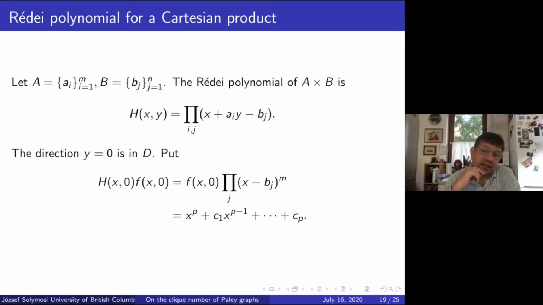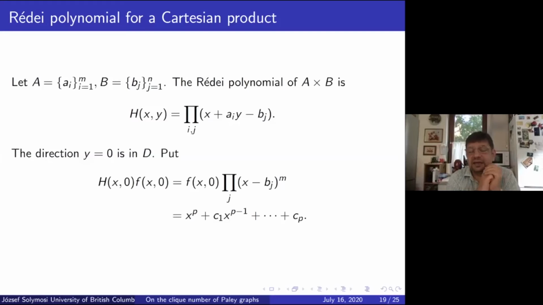But in our application, as often happens in additive combinatorics, we are working with a Cartesian product. So we have A cross B: a set A and a set B, and the product of the n times m points, the Cartesian product. We write the same polynomial as before, and we are using Szönyi's extension.